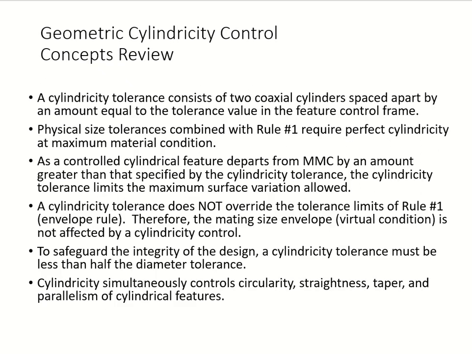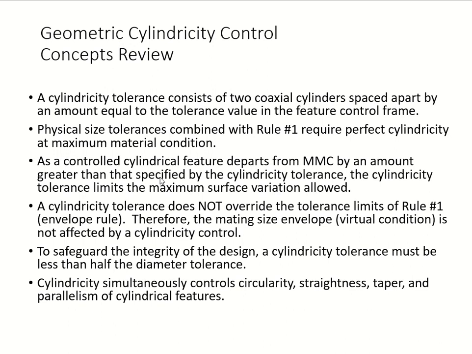And review. So we have a cylindricity tolerance. We usually show the tolerance zones by using coaxial cylinders spaced apart, and that's equal to the tolerance value given in your feature control frame. Your physical size tolerance again is going to do with your Rule number 1, and it's perfect at your MMC.